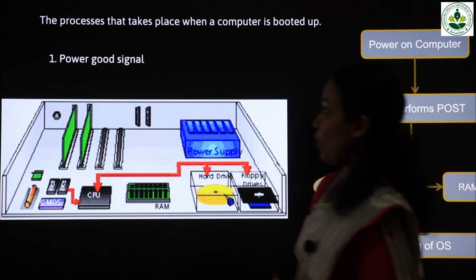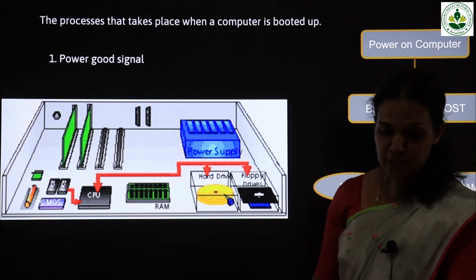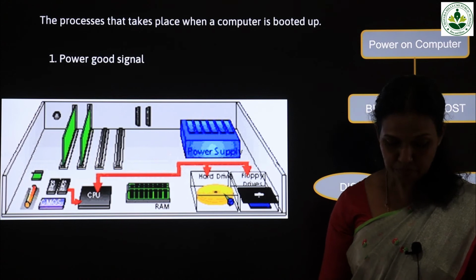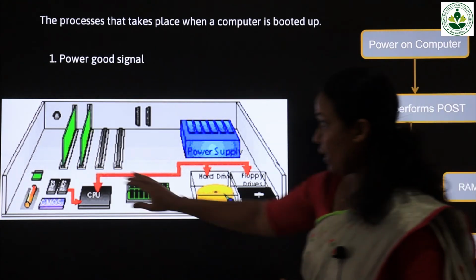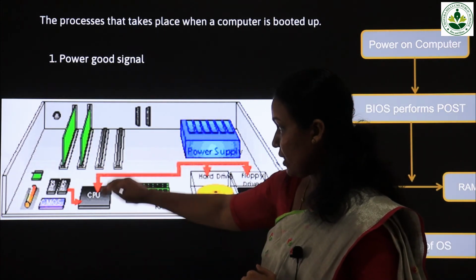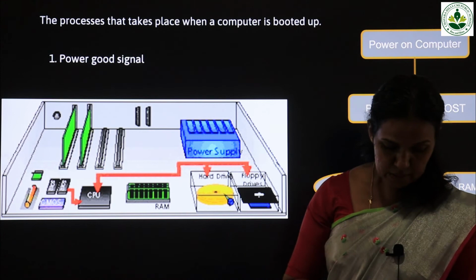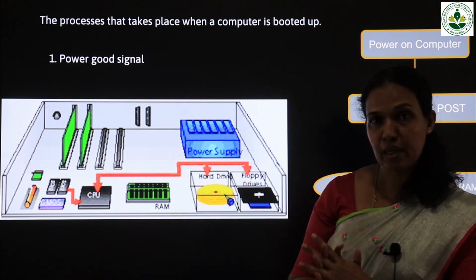The first process is the power good signal. When we switch on the computer, the CPU gets a power supply. Here in the motherboard you can see the CPU. It gets a power supply and sends a signal to the motherboard.